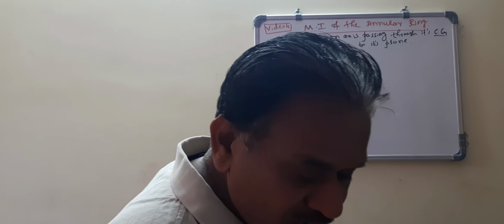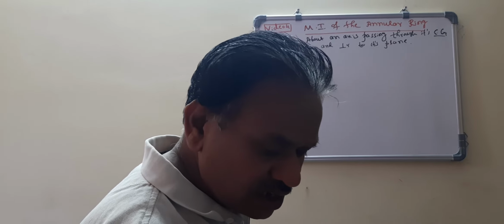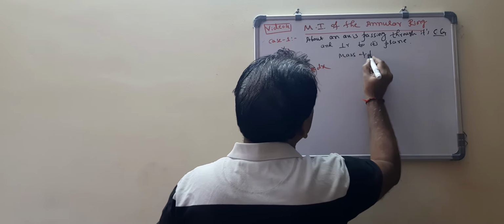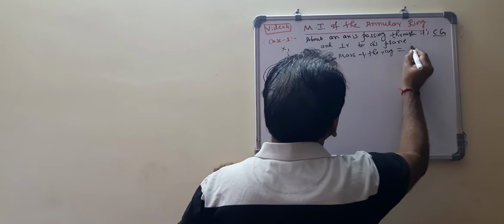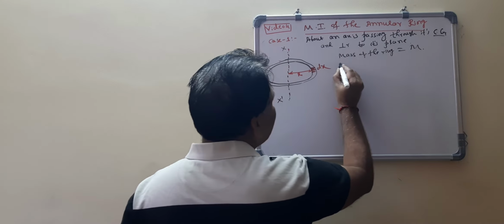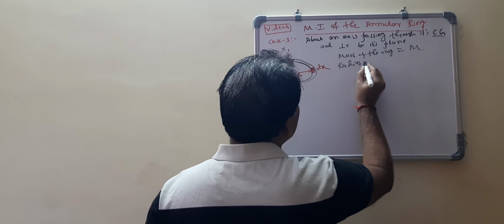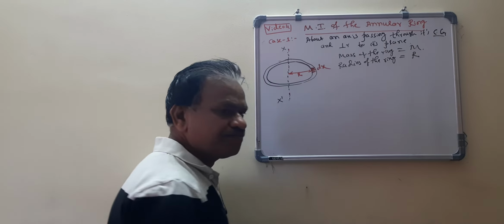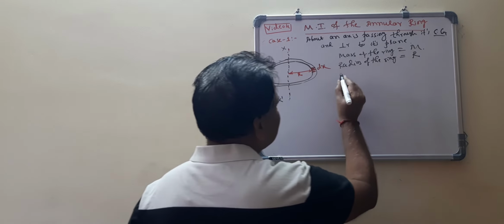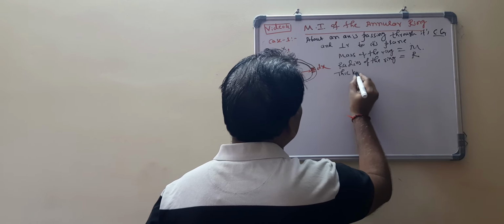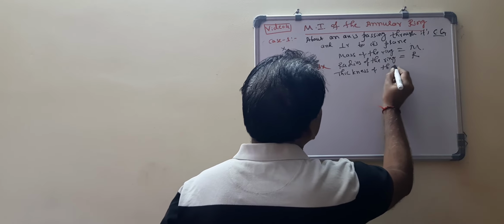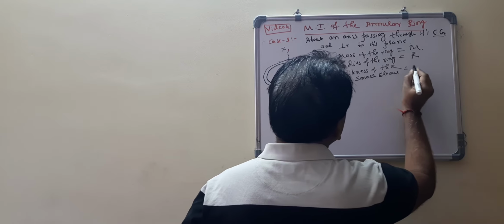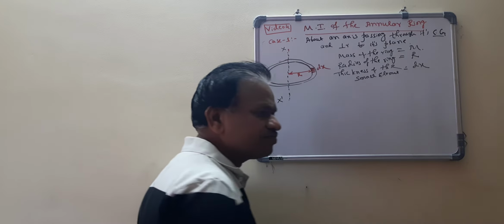Now, the moment of inertia of the ring. Mass of the entire ring equals capital M. Radius of the ring equals R. Next, thickness of the small element equals dx.